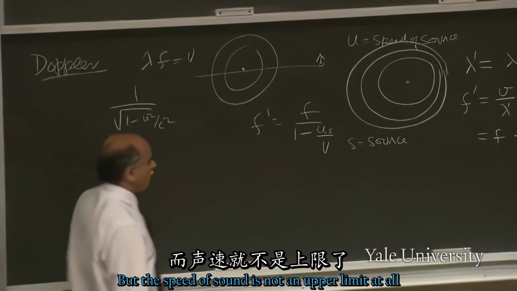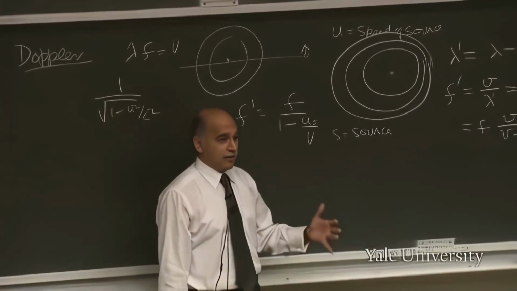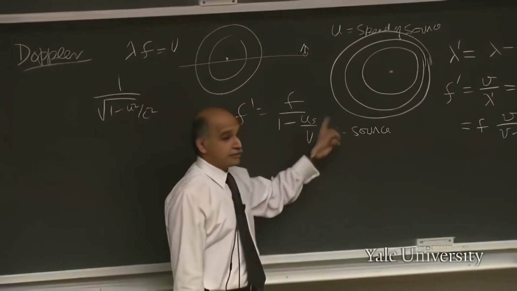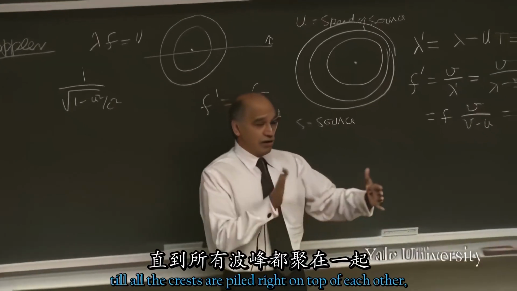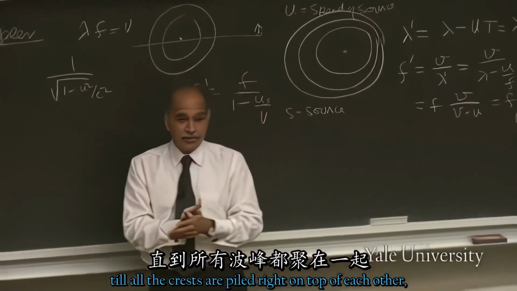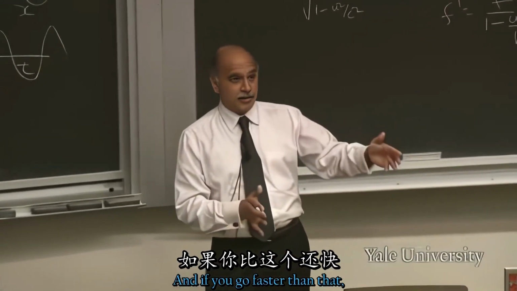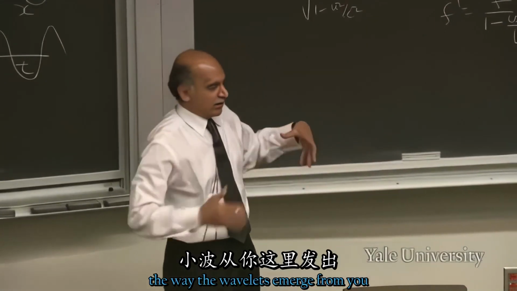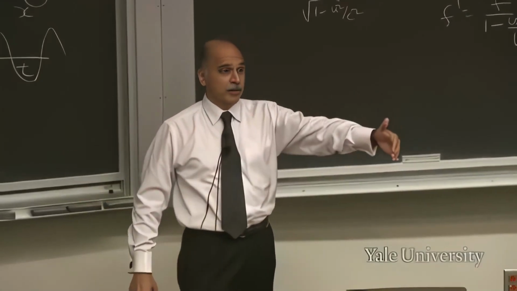But the speed of sound is not an upper limit at all, and you can have an ambulance or a plane that eventually travels faster than this. So imagine the waves getting crunched till all the crests are piled right on top of each other, and that's when there is the sonic boom. And if you go faster than that, the wavelets emerge from you so that you leave behind a trail. There's nothing in front of you.